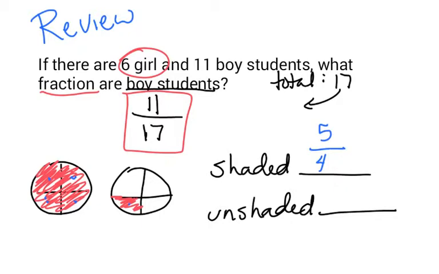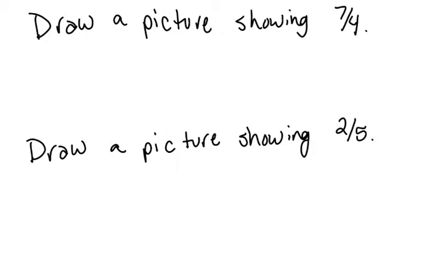It is improper because it's more than one whole. Unshaded, there would be 1, 2, 3 that are not shaded, and it does still take 4 pieces to make a whole. Again, I recommend pausing the video and trying to do these on your own and then come back and check to see if your answer works.